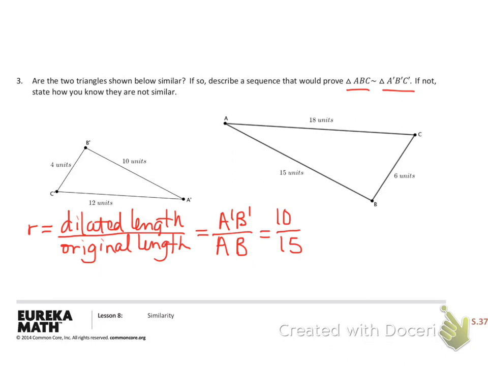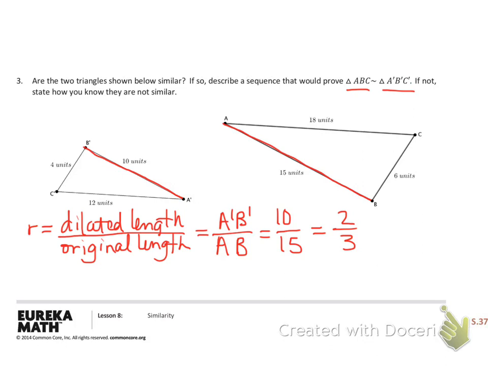Okay, you have to make sure, because these triangles are sometimes rotated or reflected, so you have to go by the labeling. So it's those two segments here, and if I simplify that, I get 2/3, or 2 to 3. Because we've been given all these lengths, we need to check all of them for the scale factor.